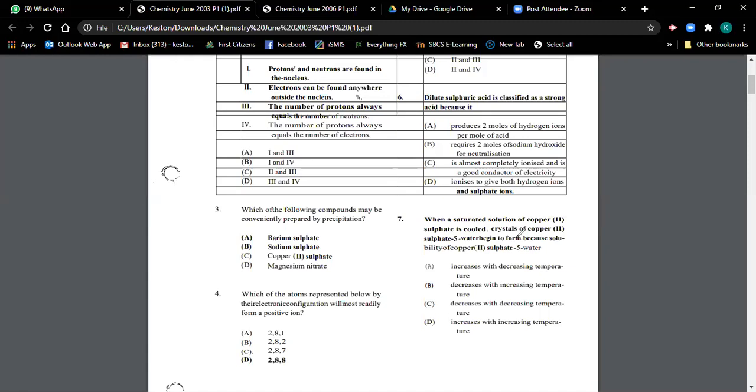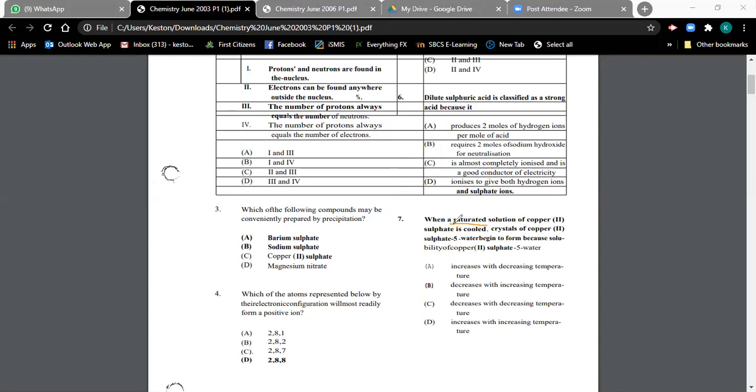So take out the words that have the most meaning, right? Saturated solution. A saturated solution means that you have a lot of solute dissolved in the solvent, right?